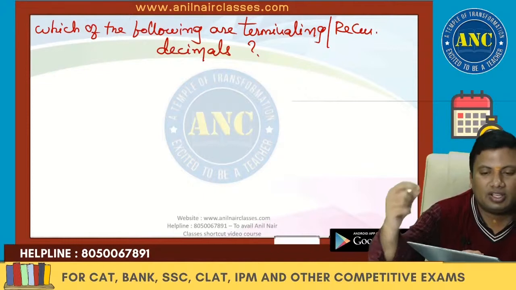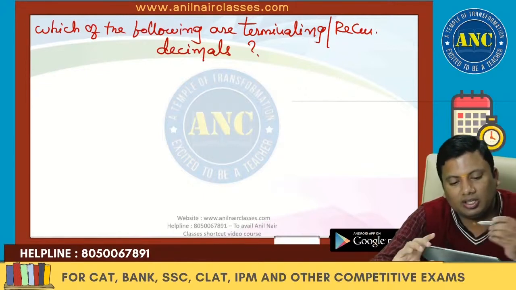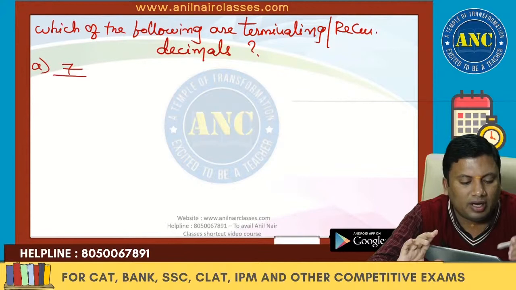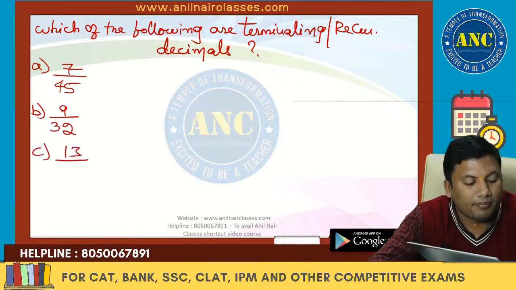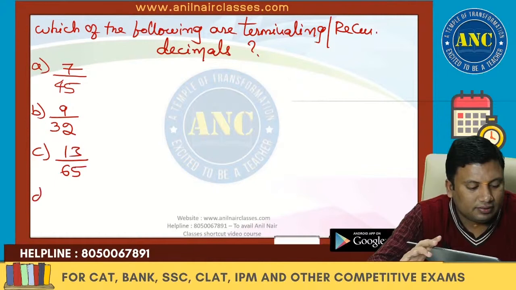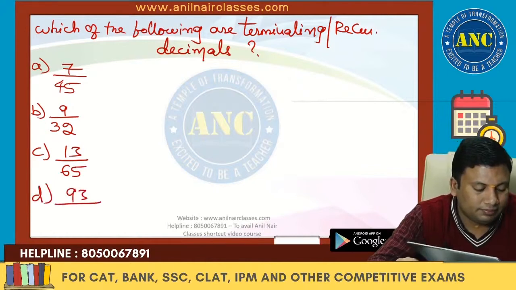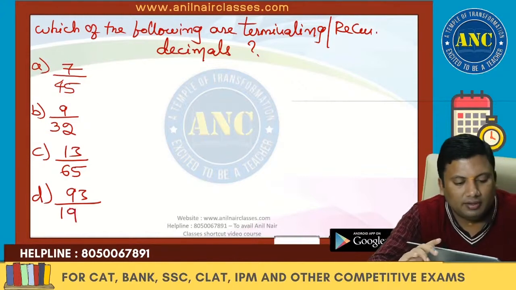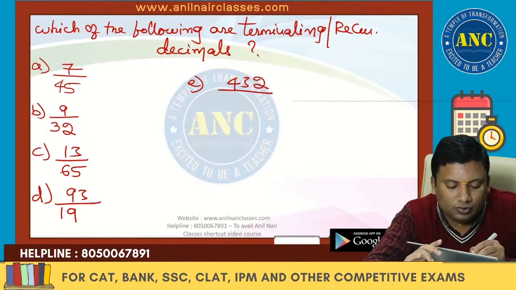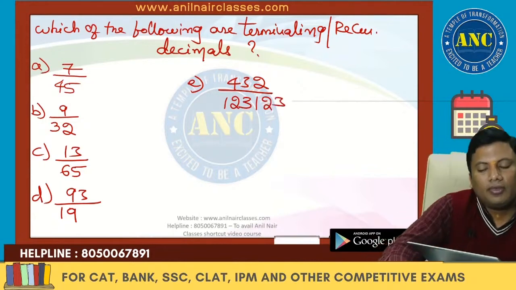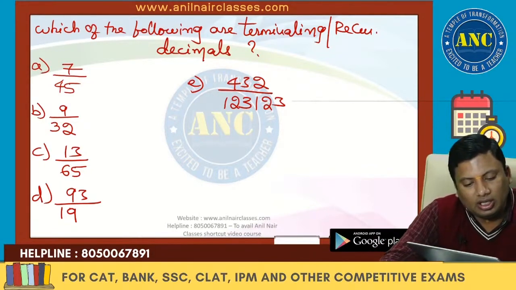When you take a fraction, it can result in a terminating or recurring decimal. 7 by 45, 9 by 32, 13 by 65, 93 by 19, 432 by 123123.